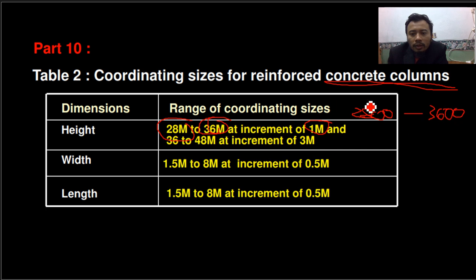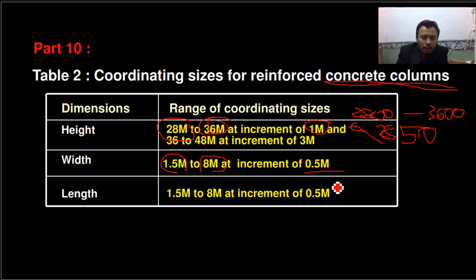If your column heights are within this range, the increment will be by 100, 100, 100. It cannot be 8 or 50, because it does not comply with this suggestion. And then your width is from 1.5 m to 8 m with an increment of 0.5 m, 50 millimeters. And your length is similar to your width.